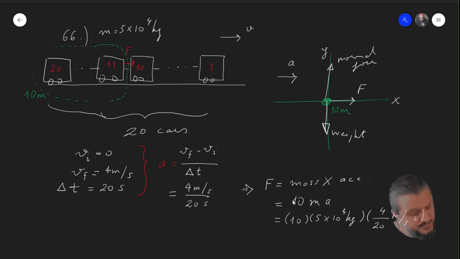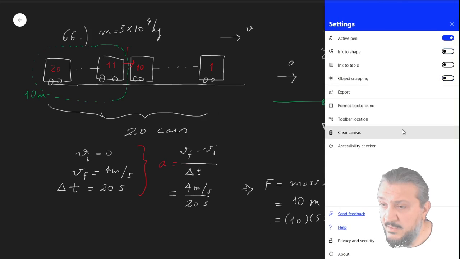Okay, let's do another one. There's a helicopter problem, number 68. A helicopter is lifting 2 crates simultaneously.